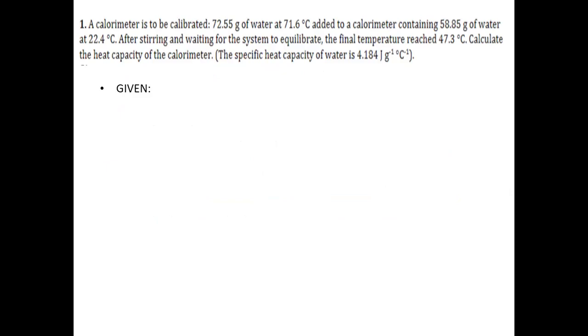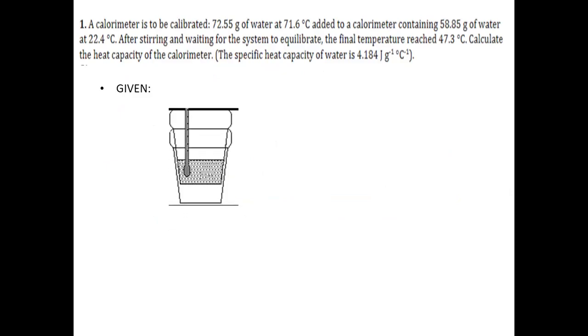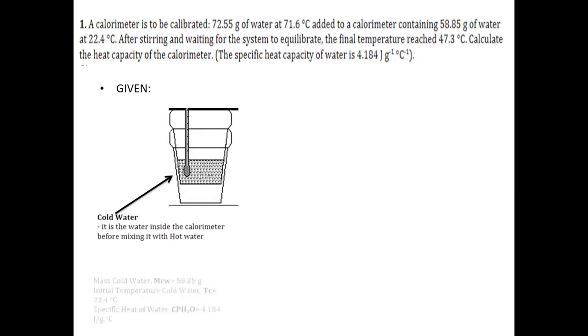Now let's provide our given. Now we are given a calorimeter. The substance inside the calorimeter, and we have a calorimeter containing 58.85 grams of water. So inside the calorimeter, we have cold water. It is the water inside the calorimeter before mixing.